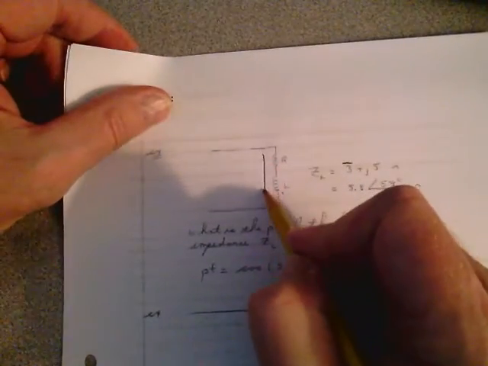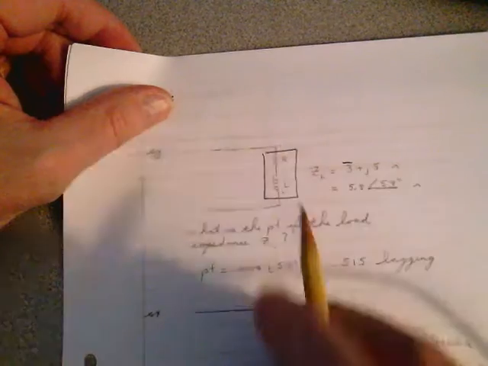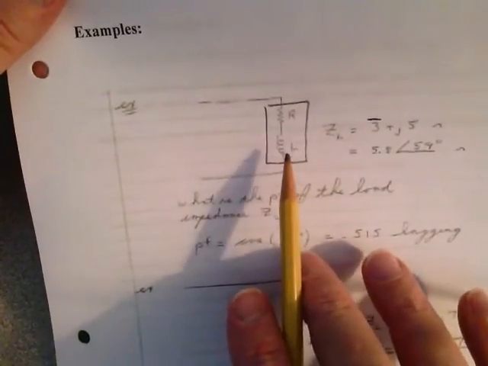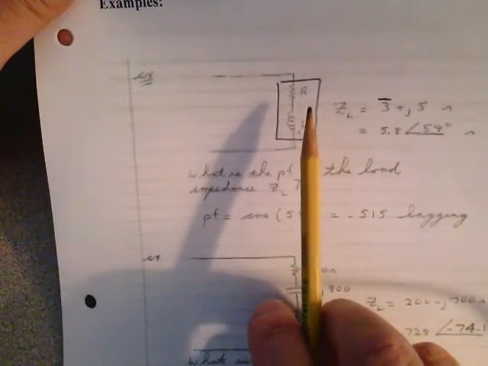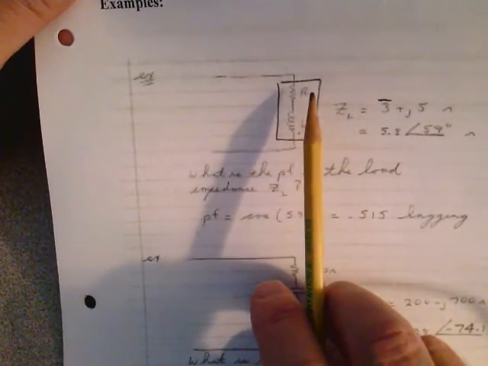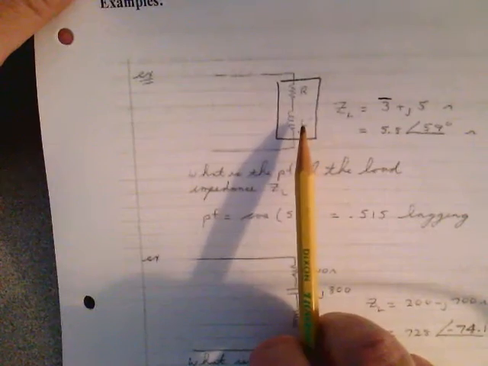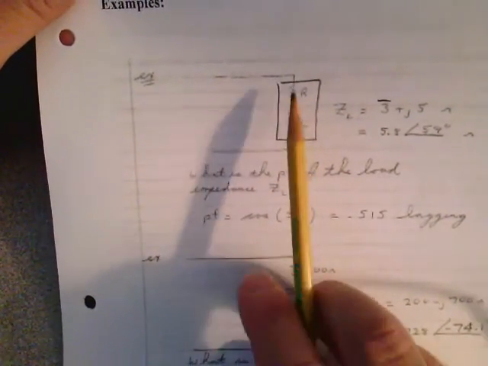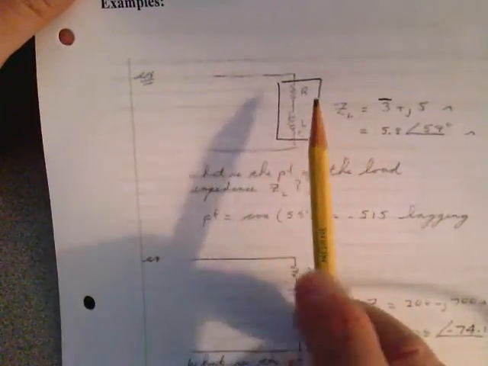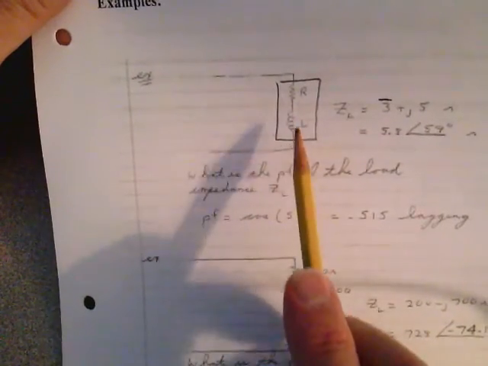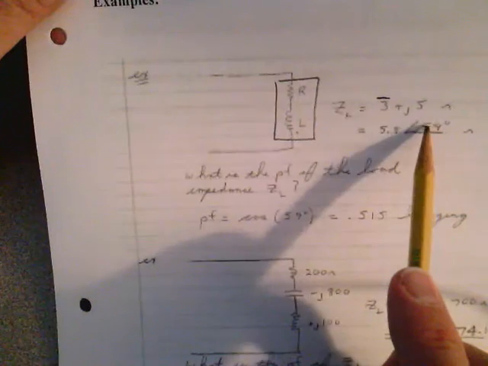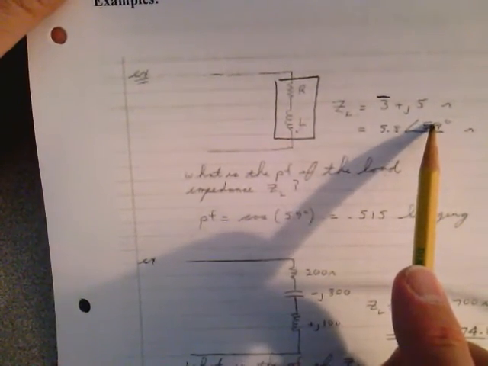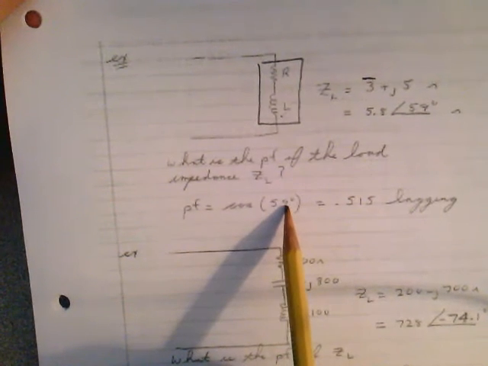If this is a load representing a motor, and I asked you what's the power factor of that load, you have to know the resistance and the inductive reactance, or the impedance, or the voltage across it and the current through it, so you can calculate the impedance and get that angle. Because the answer is the power factor of that load is the cosine of the angle, 59 degrees.